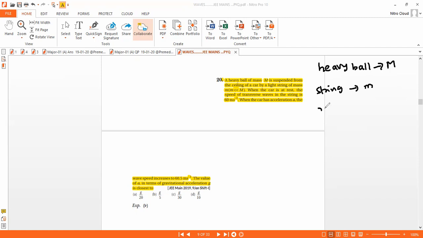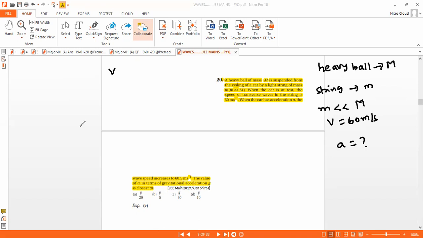They gave that small m is very, very less than capital M. When the car is at rest, the speed of the transverse wave is v equal to 60 meter per second. I need to find the acceleration. Now the wave speed is increased to 60.5.